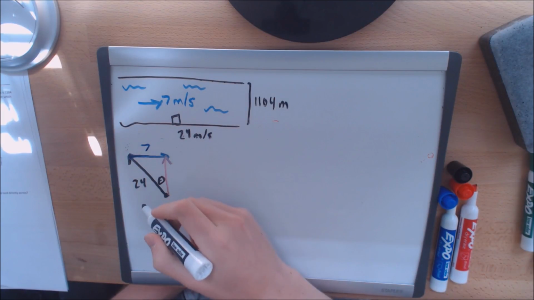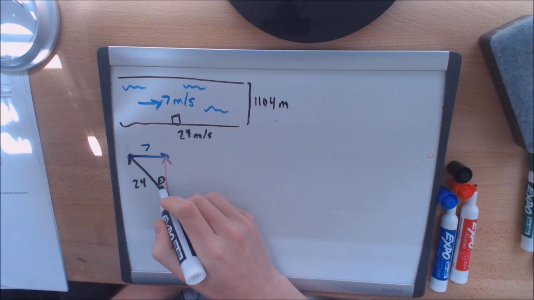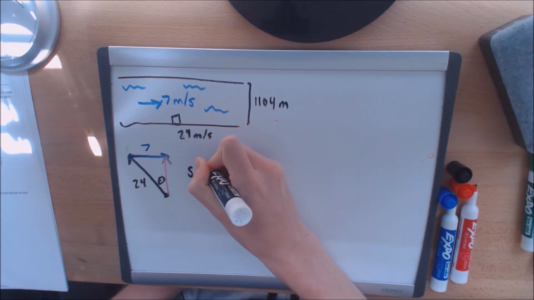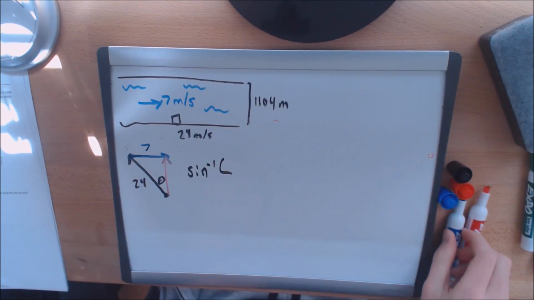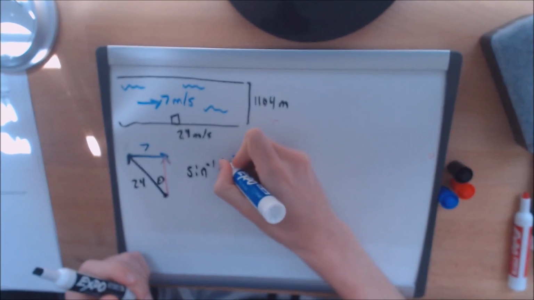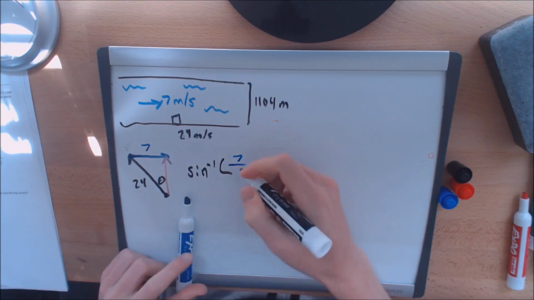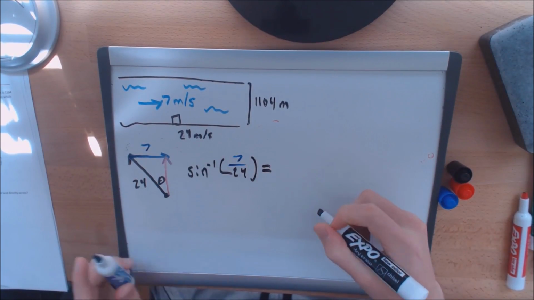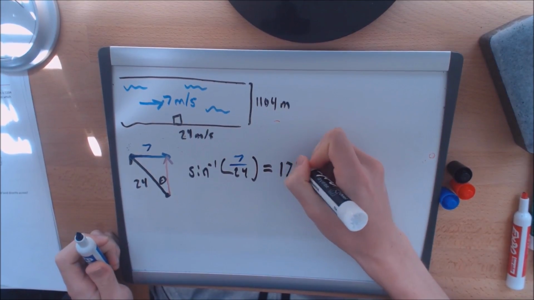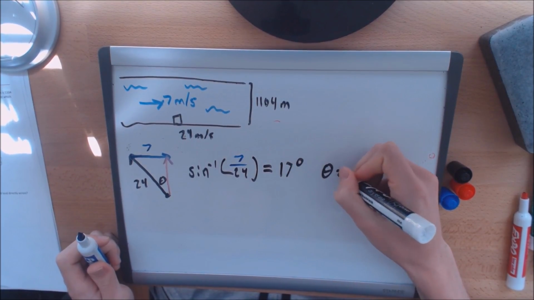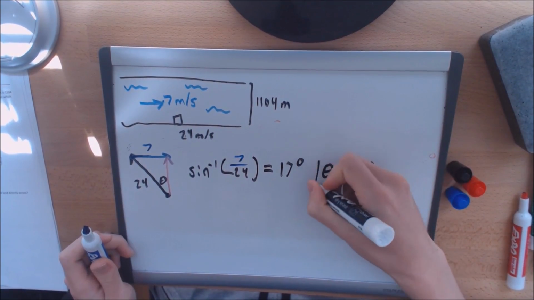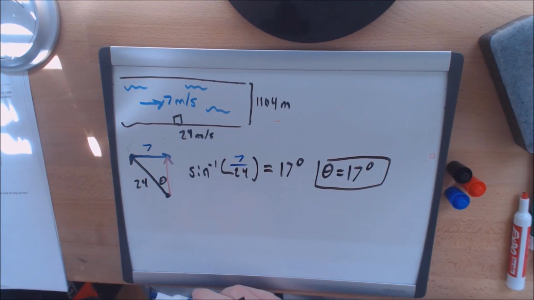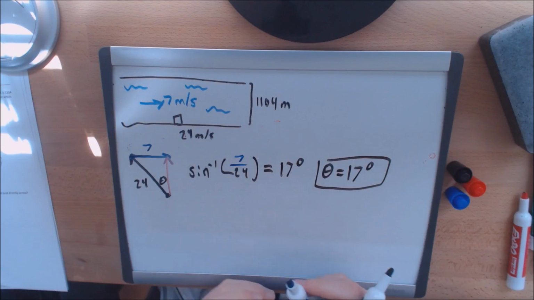We have a 7 and a 24. The 7 is opposite of our theta, and the 24 is the hypotenuse. So we're going to use sine to relate the two, and we'll do inverse sine of 7 over 24, which will give us a theta of just about 17 degrees. So theta equals 17 degrees. That's the angle the boat has to travel relative to straight across, so the boat goes straight across.